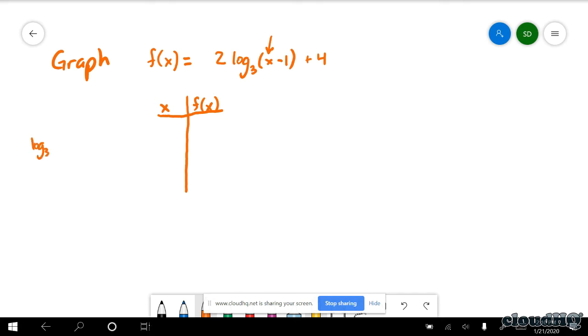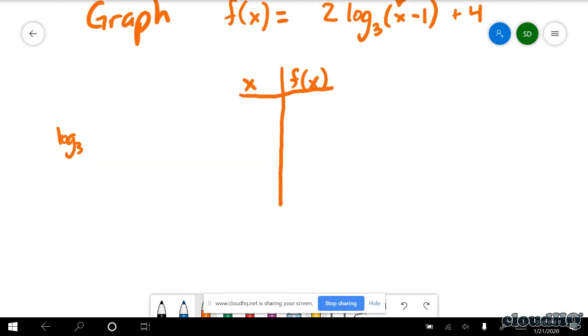Let's off to the side think about some logs that are going to work nicely. Log base 3 of what? What would be one number that would work out nicely? Log base 3 of 1 works nicely.